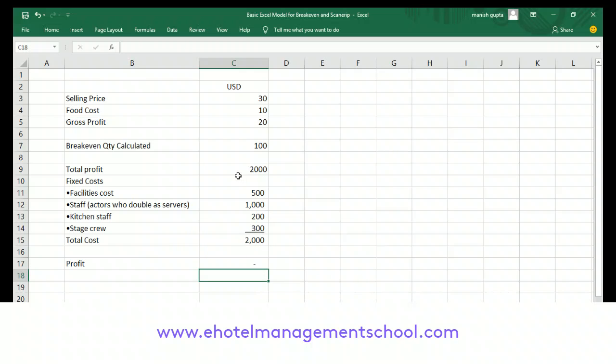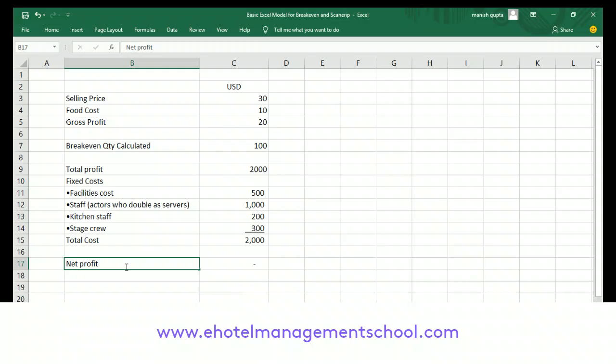Oh, this cell was not named. We can name this as well: contribution margin. So this cell will now become contribution margin minus fixed cost, so our net profit will remain zero.